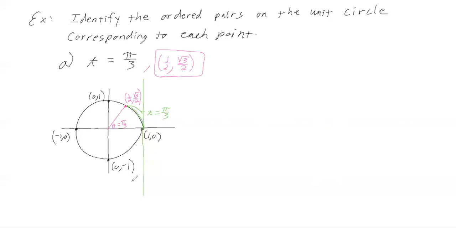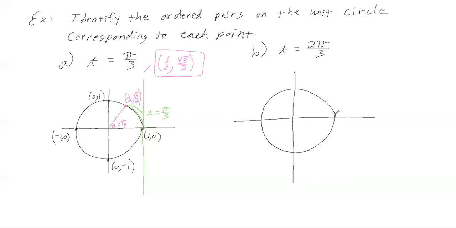Let's look at B. B is going to be t is equal to 2 pi over 3. All right, let's go ahead and draw our unit circle here. Ugly unit circle, but it's a unit circle. Remember, this is point 1, 0. This is the point -1, 0.